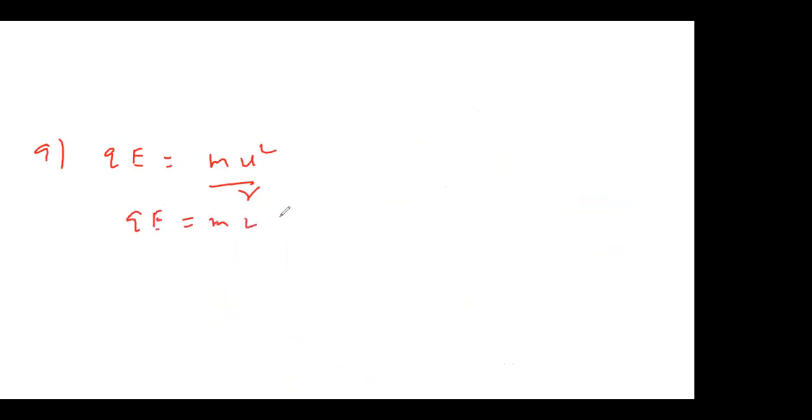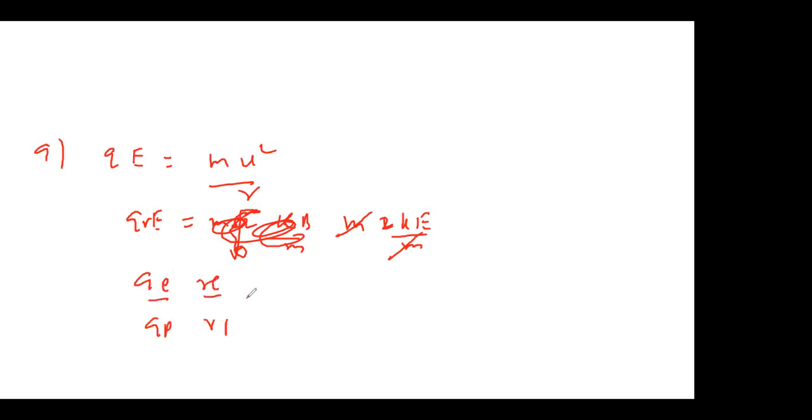Twice kinetic energy upon m v square, so directly it is just twice kinetic energy upon mass. Charge of electron upon charge of proton, radius of electron, radius of proton, E is same, cancel, kinetic energy same, cancel, electron and proton charges are same, cancel. So Re is same as Rp. So both trajectories are equally curved.